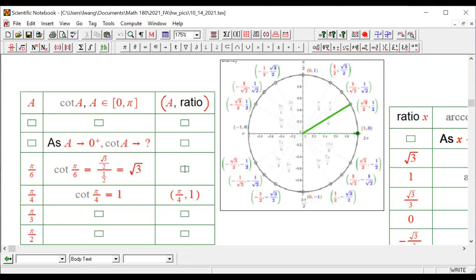So that point on the cotangent curve has input pi over 6 and output square root of 3.